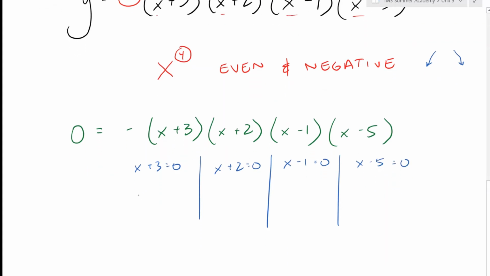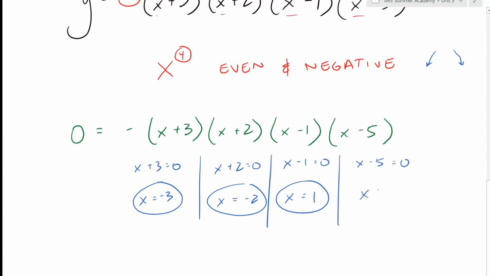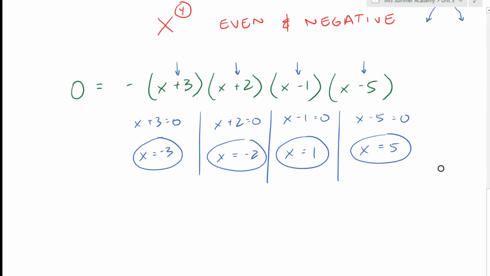And once we actually solve those, we get a -3, -2, +1, and adding 5 gives us a +5. Or maybe the faster way is just flip all these signs. All these are opposite. Whatever we see in the parentheses, it's opposite in our answers. So these are all my X-intercepts, and I want to remember that, okay? Because these are things we'll want to graph.